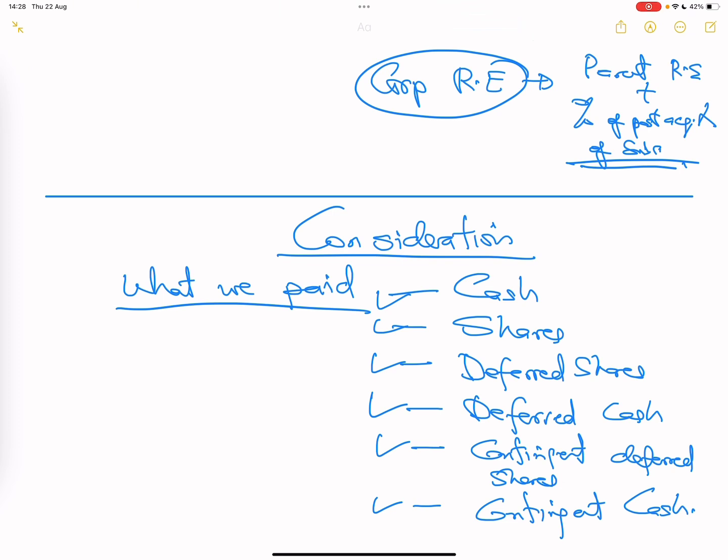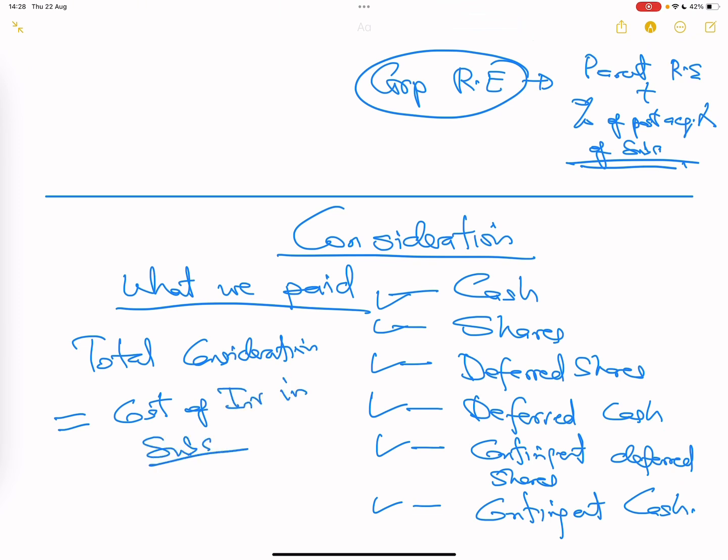And why do you need to know this? You need to know it because you need to add everything together to arrive at your total consideration, because your total consideration is your cost of investment in subsidiary, which is what you must recognize on day one when you acquire that subsidiary.